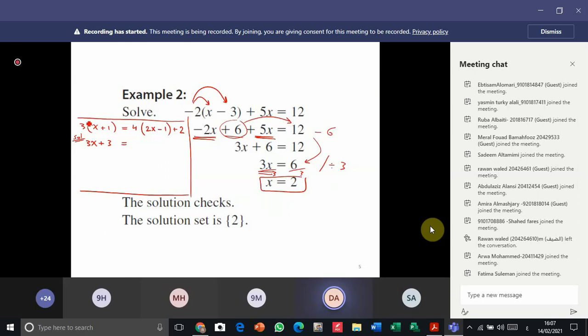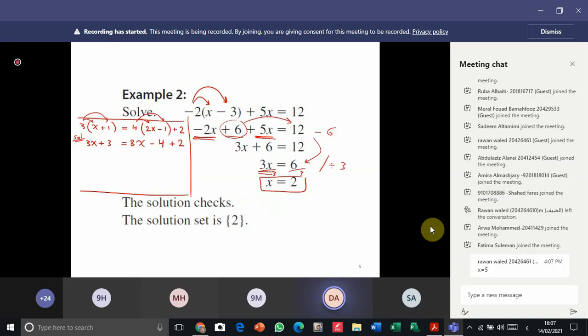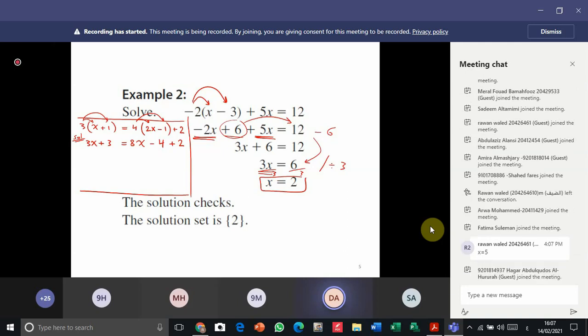Okay. Now we multiply 3 with x and 1, and 4 multiplied by 2x and negative 1. So we have 8x minus 4 and plus 2. Look here. We have x on the left hand side and right hand side. We have numbers on the left hand side and right hand side. So what must we do?